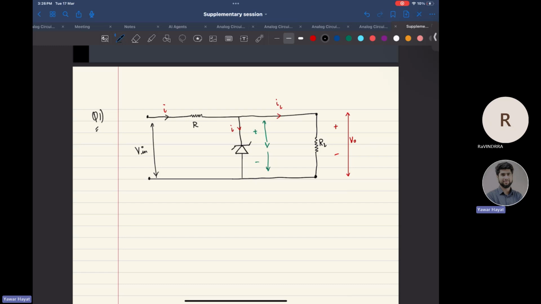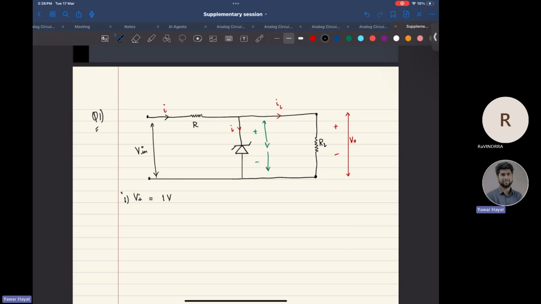Yeah. So this is the circuit, and we need to find the output voltage for, let's say, Vi. By Vi I mean V input, right?